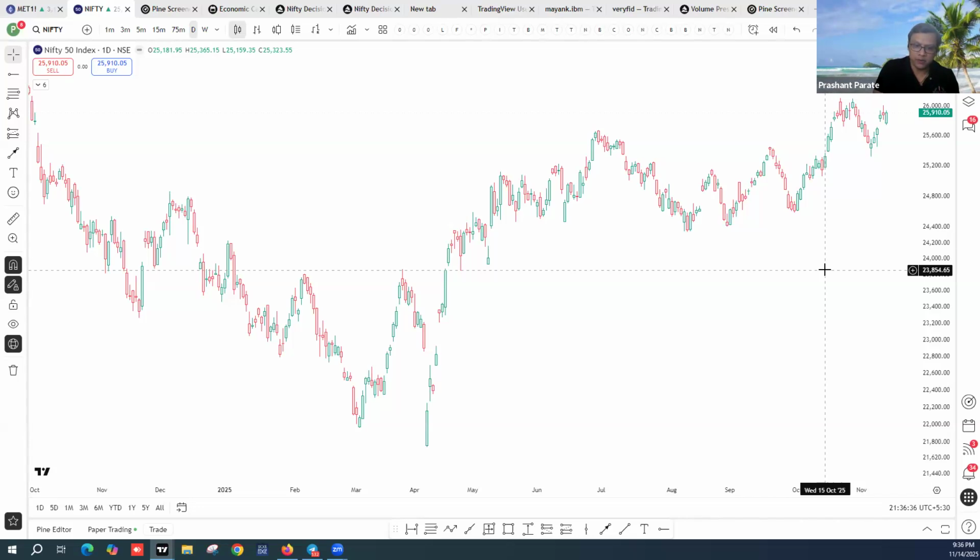You can use at least two, that is the minimum, but 3 or 4 screens are also required. It makes your analysis better because at a time you have to check multiple things. You cannot rely on just one thing and take a trade. So when I take intraday trades, I use 2 or 3 screens. I'll show you.